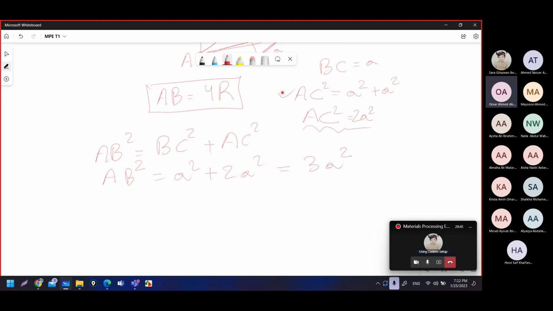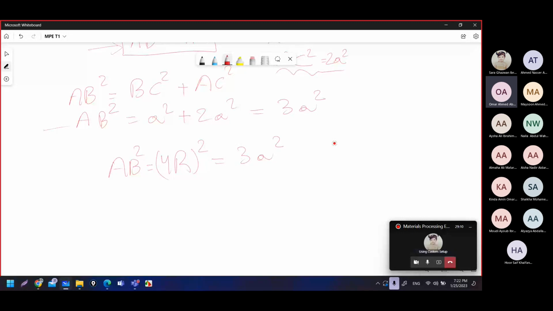And I also know that AB is equal to 4R, so AB squared is equal to 4R squared, and it is equal also to 3A squared. Now I have the relation between R and A. Squaring 4R, it will be 16R squared, and it is equal to 3A squared.